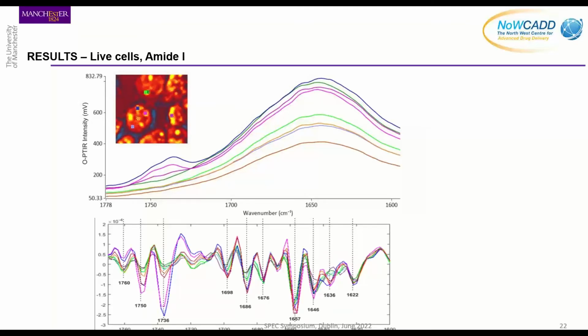But when you do the second derivative, actually it's also perfectly consistent, slightly different, but again, I was absolutely amazed that we could pull out the information that we could pull out with the cells in water.